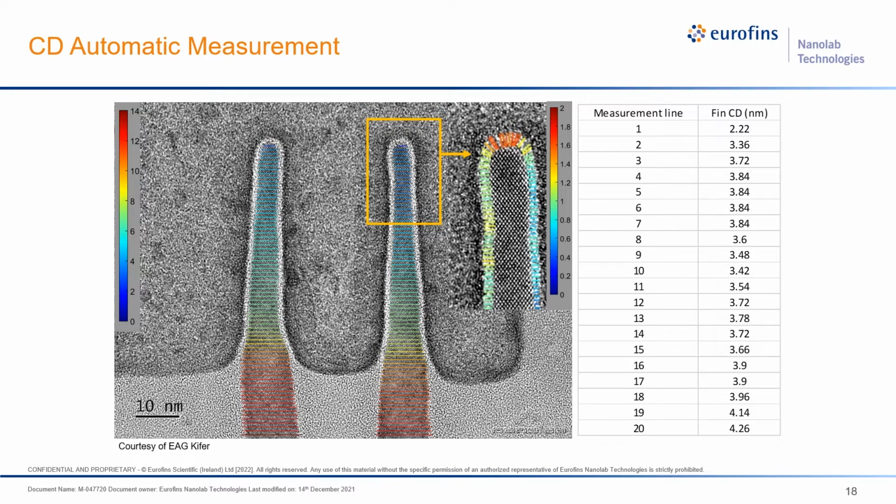This image shows how we achieve sub-angstrom level measurements of fin width and gate oxide thickness. And also we can get statistical analysis results. You can clearly see that the gate oxide thickness is higher near the fin tip than at the fin sidewalls. So this automatic measurement is not only fast and easy, but more importantly, it is more reliable than manual measurements, as it minimizes the manual input.